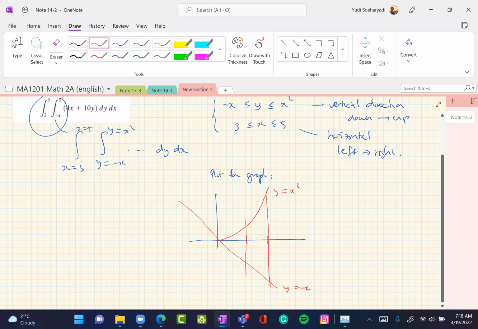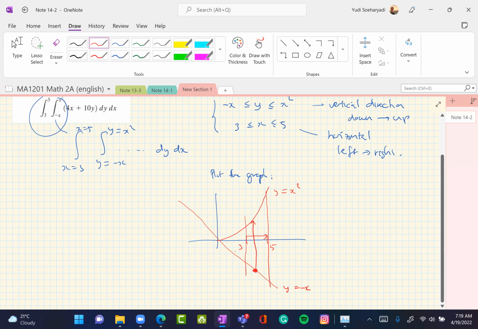All right. So the area is now moving from down to up, this graph to this graph, and from left to right, moving from 3 to 5.